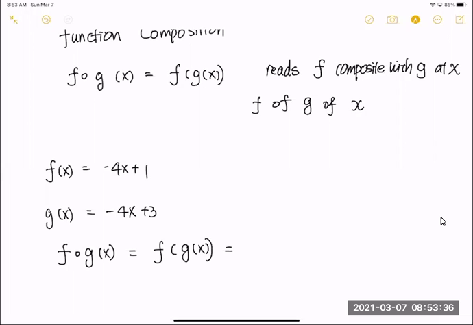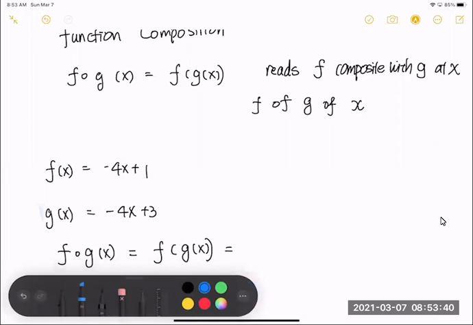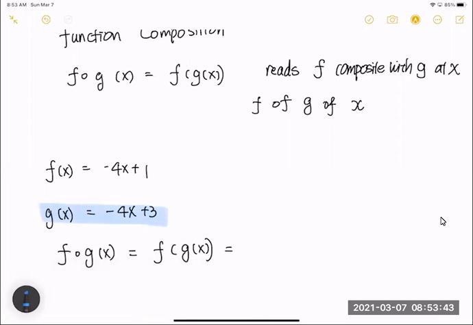The first step is you want to substitute g(x) equals negative 4x plus 3. So here you want to replace g(x) with negative 4x plus 3. So f of negative 4x plus 3.